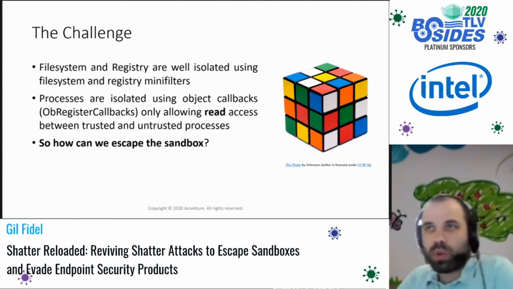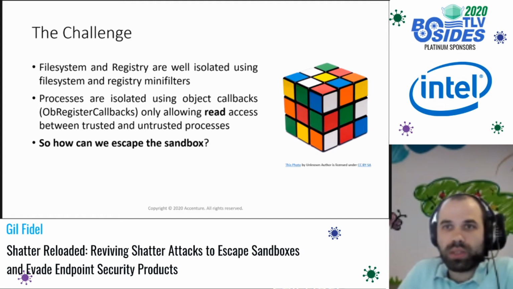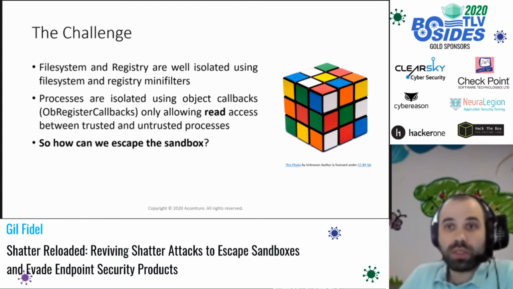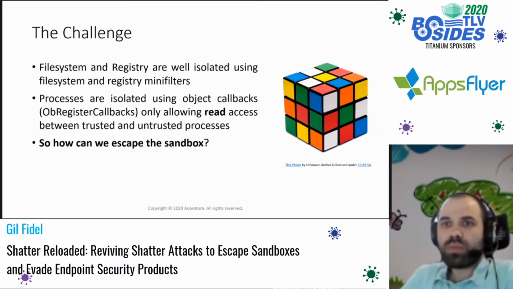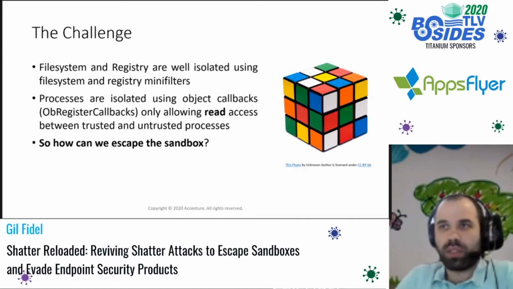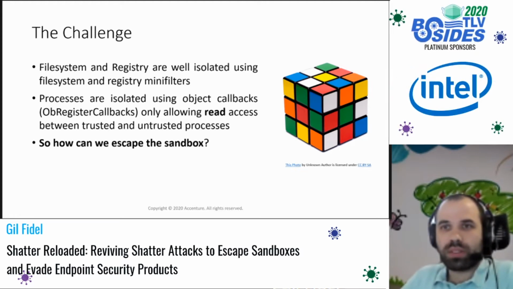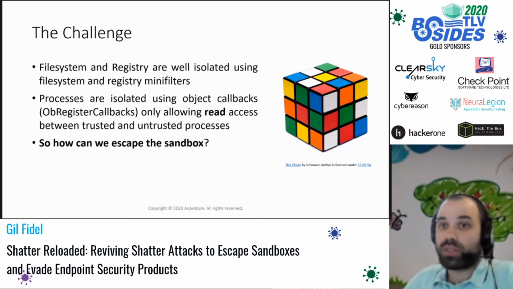So we were in quite a difficult situation there as an attacker, because the file system and registry isolation were implemented using kernel mini filters. They were quite solid and quite difficult to exploit. And also, they implemented process isolation using object callbacks, the ObRegisterCallbacks API, which didn't allow a process running in the untrusted environment to open a process in the trusted environment for writing.